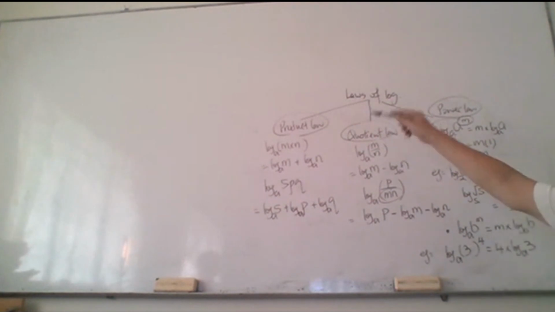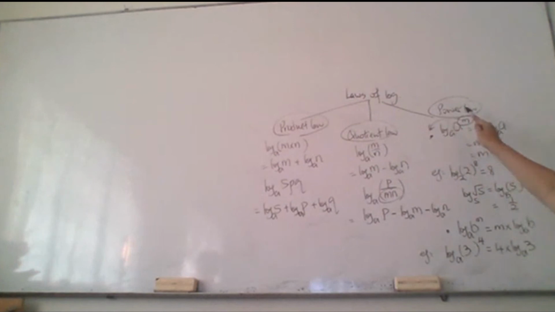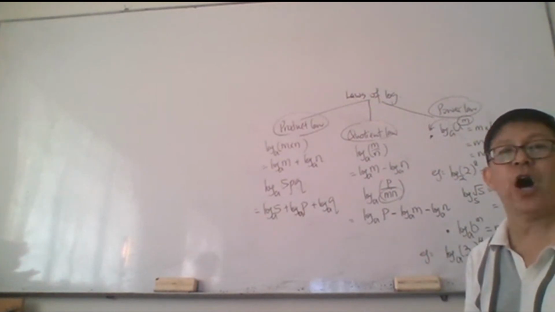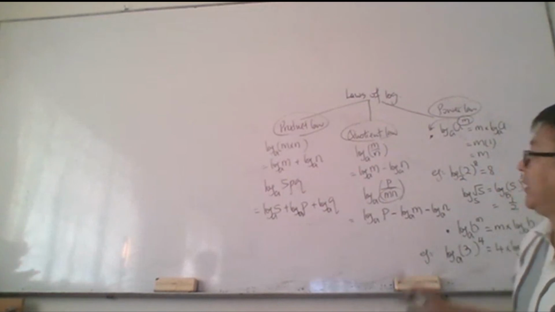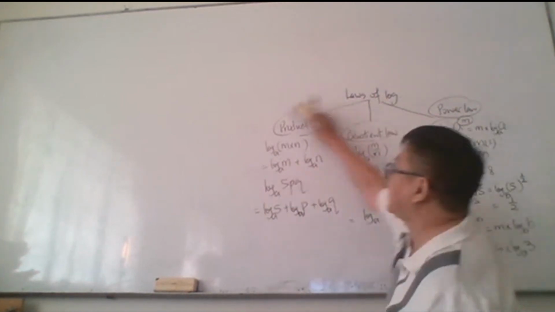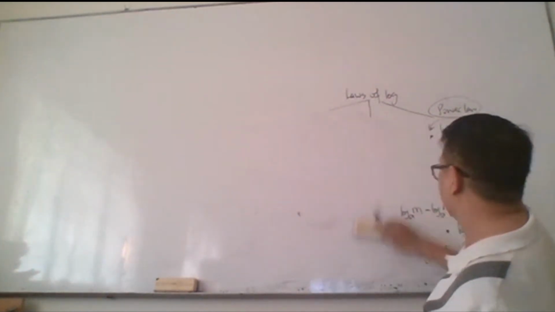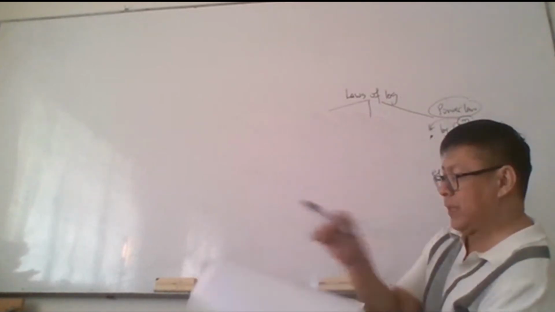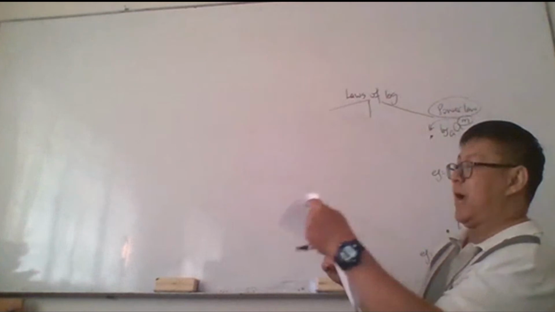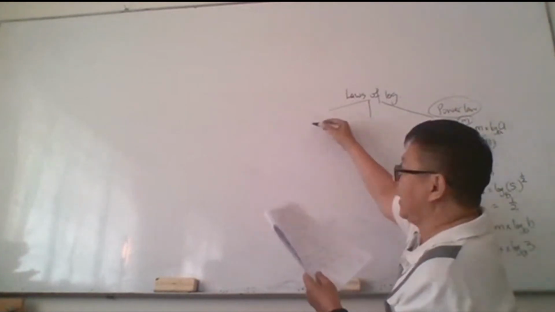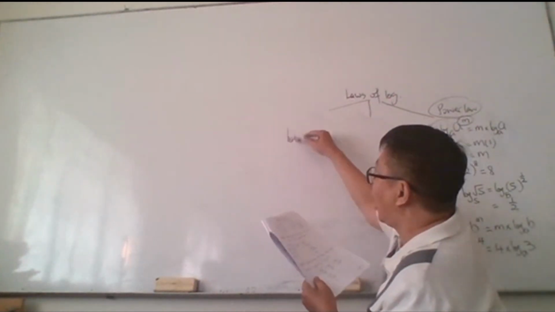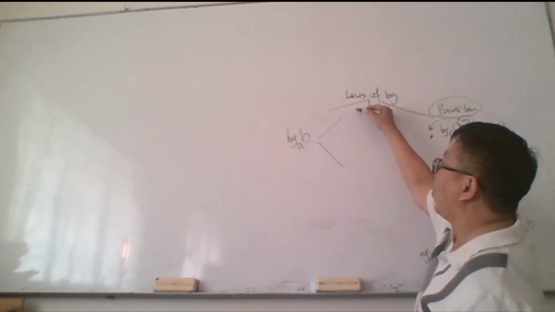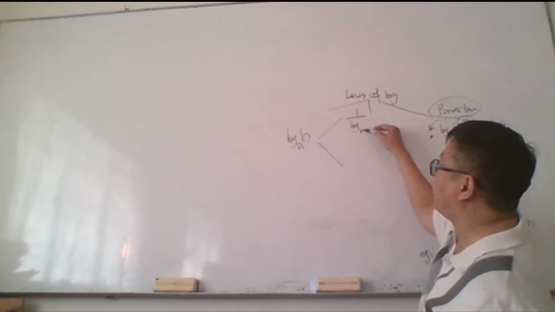After these three, product, quotient, and power, I will tell you the other one called change of base of logarithm. I'm going to write this, and I will show you how to change the base of logarithm on your page number 5. So here, log_a b can be written as 1 over log_b a.